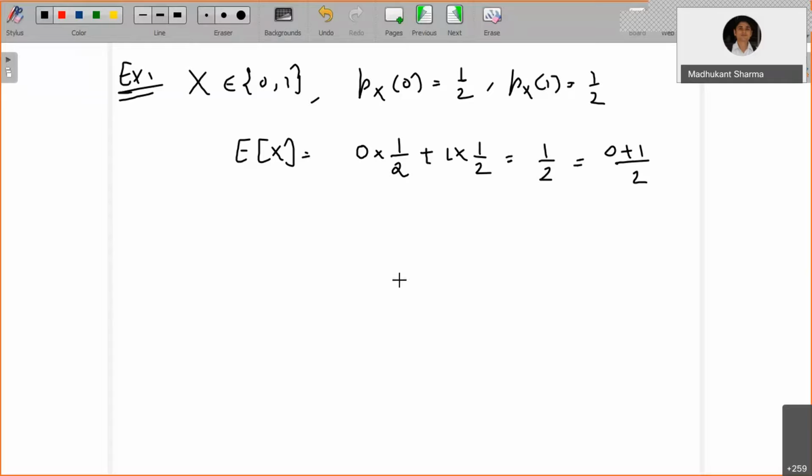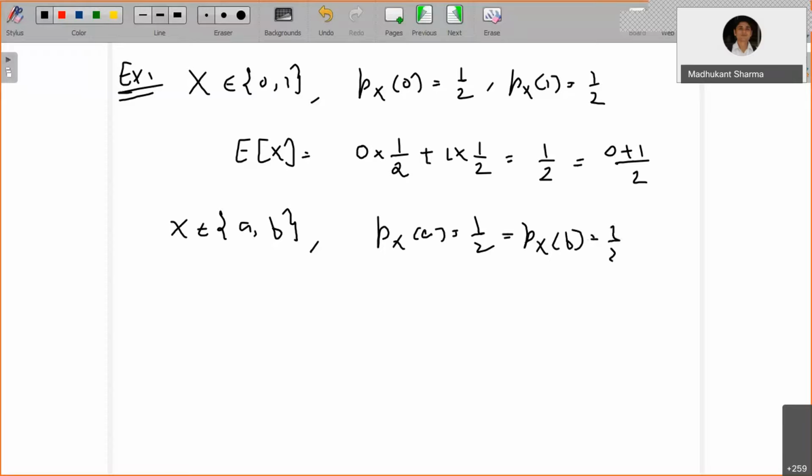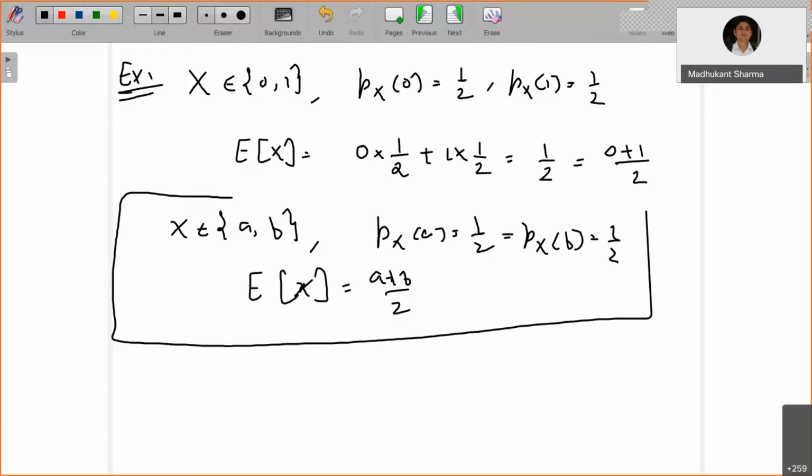This is not only restricted to this. You can take X from the set {a, b}, two values a and b, and let's say PX(a) is 1/2 and PX(b) is also 1/2. Then the expectation of X is nothing but (a+b)/2, the average of these two numbers, when both numbers are taken to be equally likely.